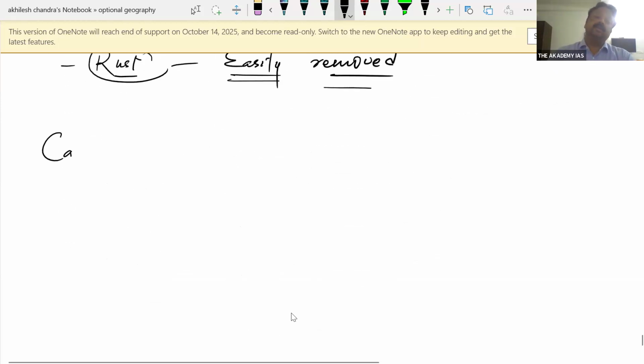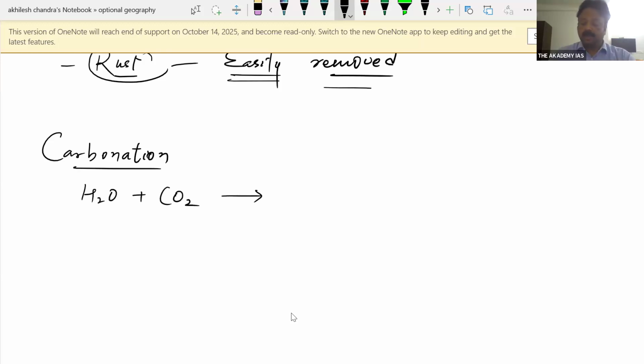Another process is called carbonation. In carbonation, water reacts with carbon dioxide and forms carbonic acid. Fine.